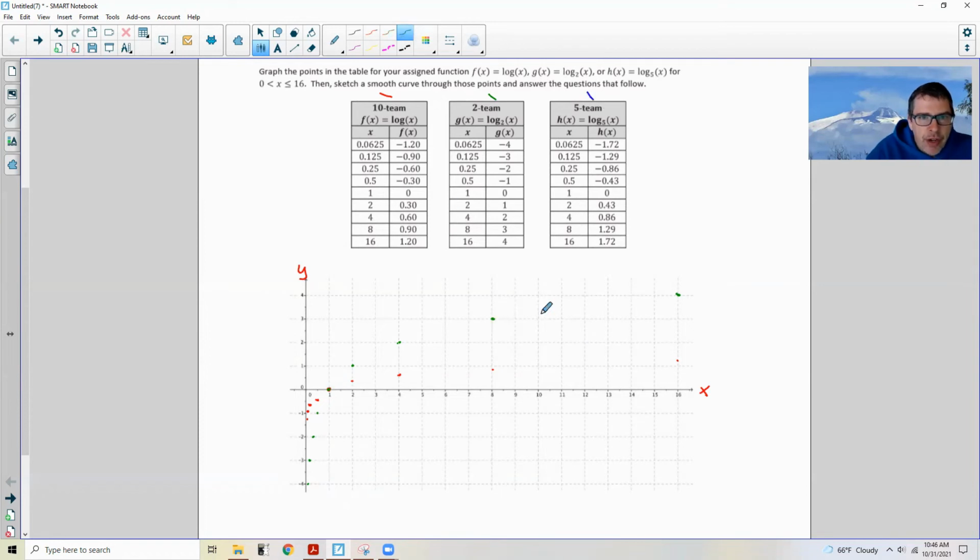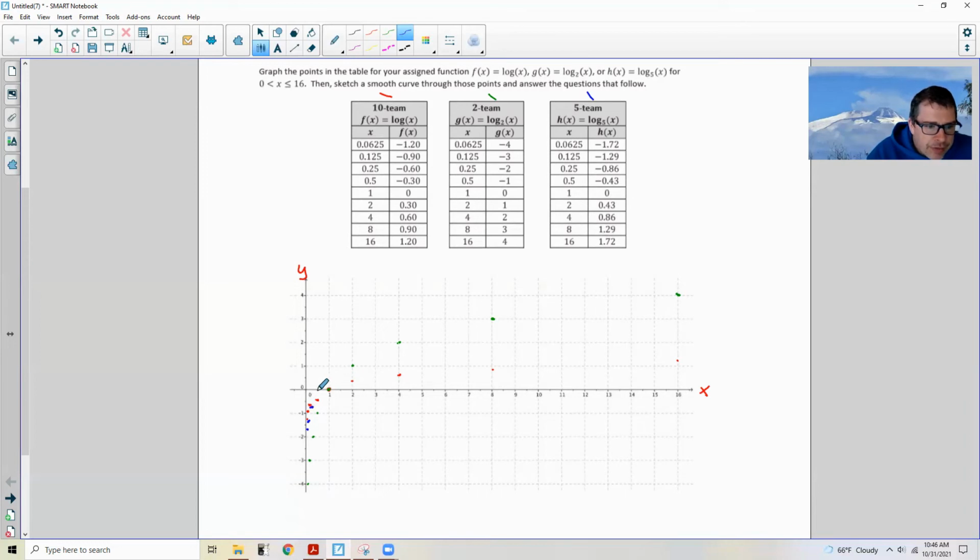Okay, so now team 5. 0.0625 is going to be negative 1.72, which is about right there. And then an eighth is going to be negative 1.29, which is roughly here. It's hard to graph these small values. A quarter, down 0.86, would be roughly here.